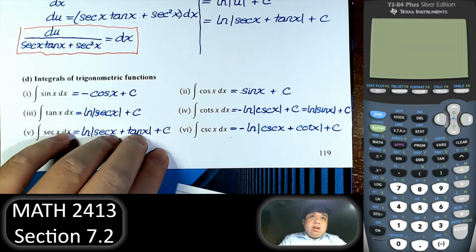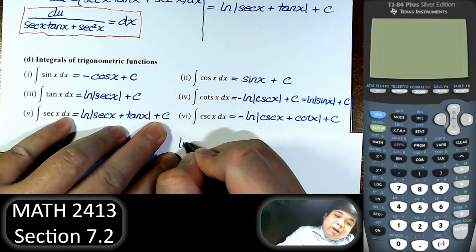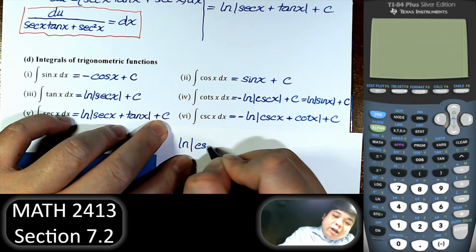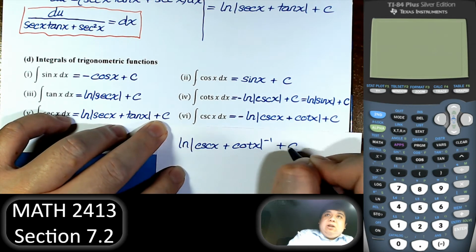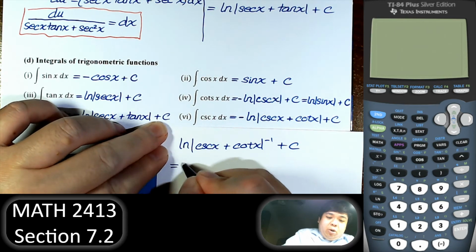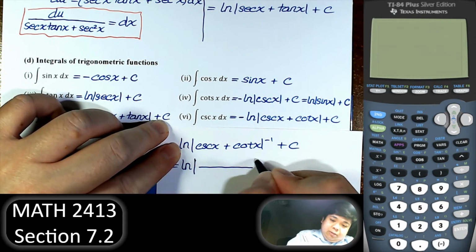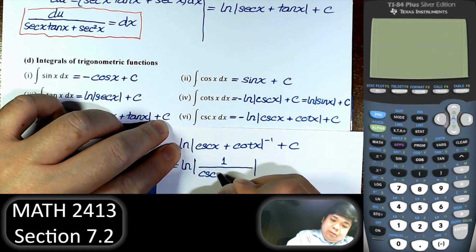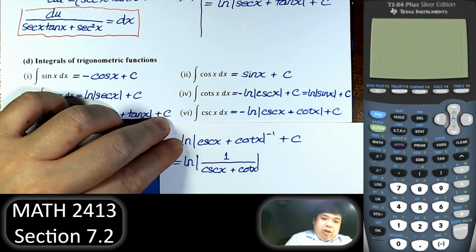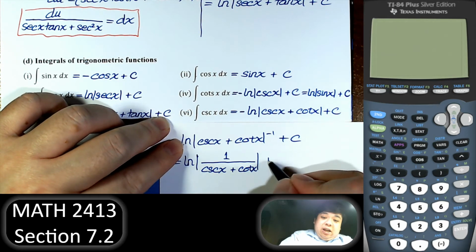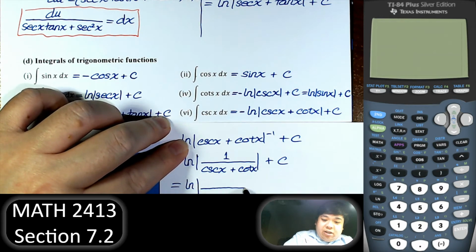So we take it inside, and we have ln of cosecant x plus cotangent x to the negative 1 power. Negative 1 power is the reciprocal function. Can we simplify that? The answer is yes, but it's not obvious.